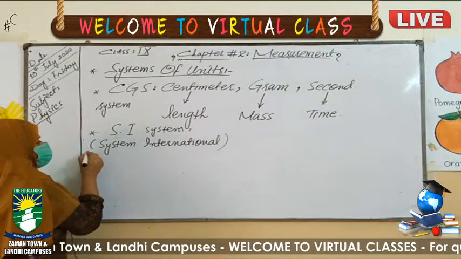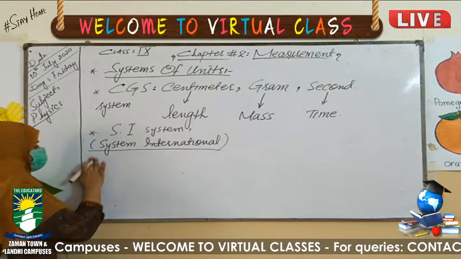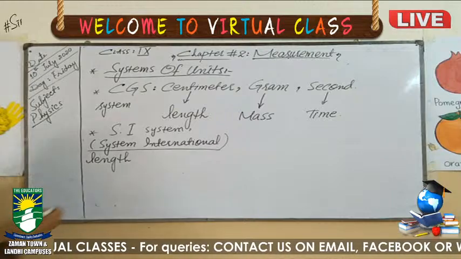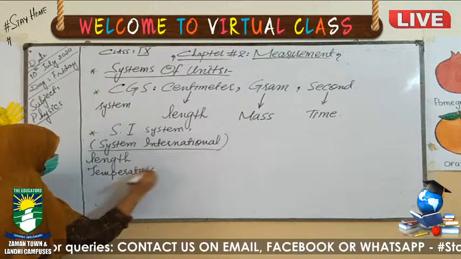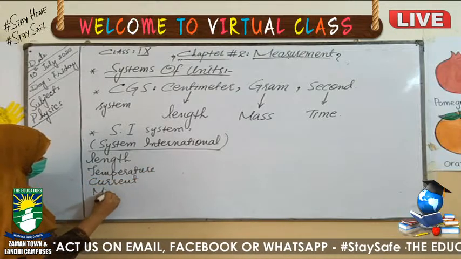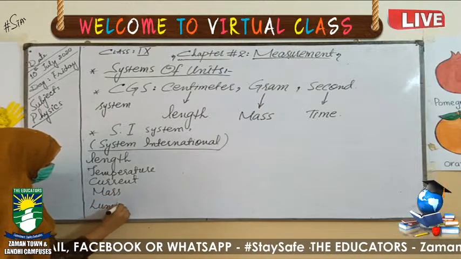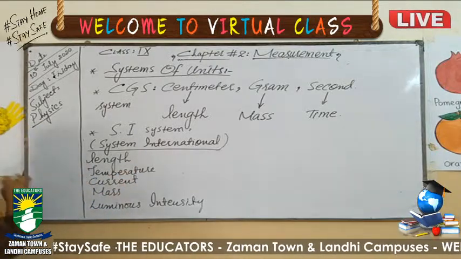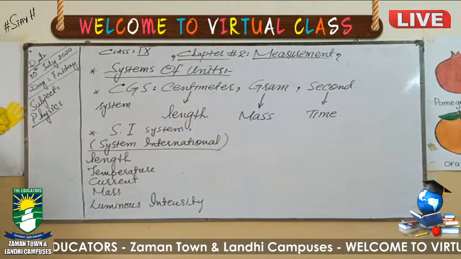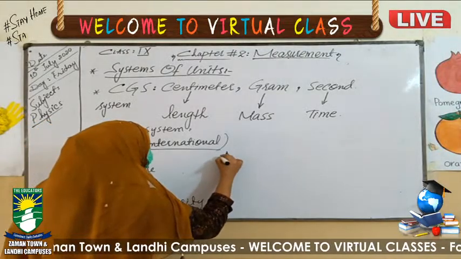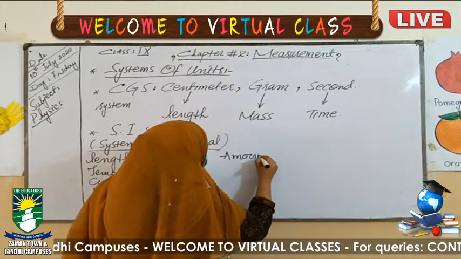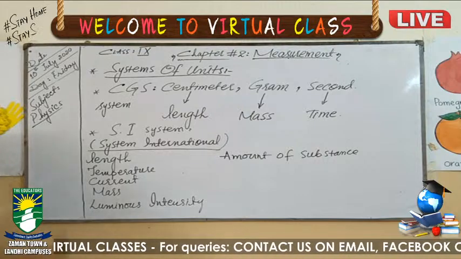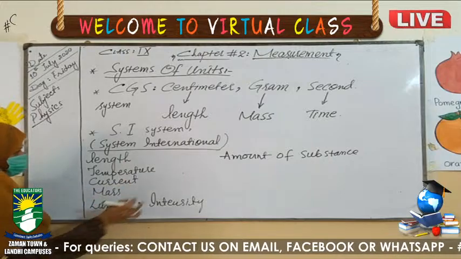There are 7 quantities according to the SI system, and those quantities are length, temperature, current, mass, luminous intensity, amount of substance, and time.